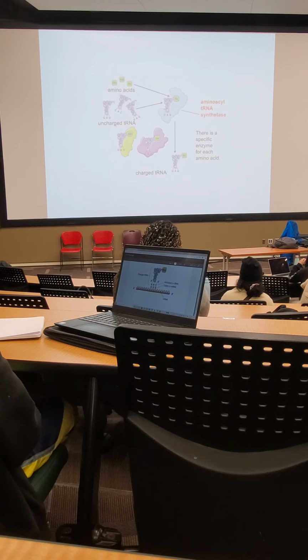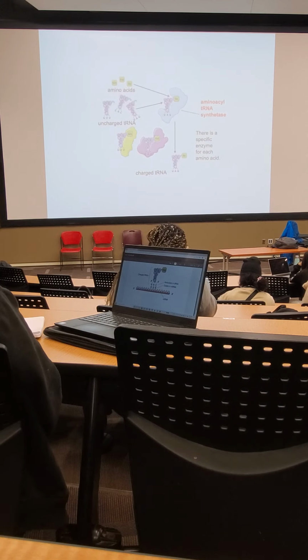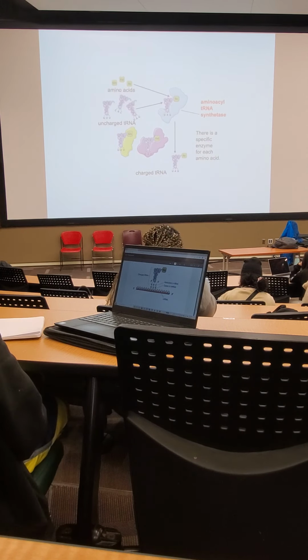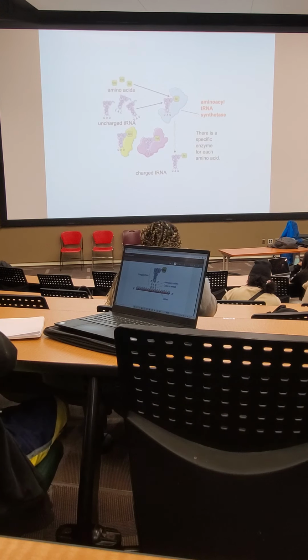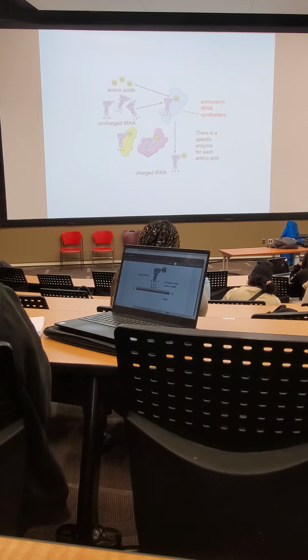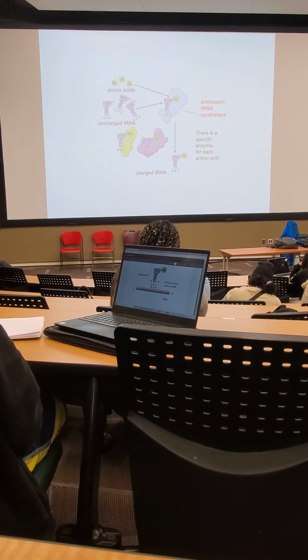Charged and uncharged don't really matter for our class, but what matters is that each tRNA and amino acid only fit in one aminoacyl tRNA synthetase. So there's not 64 of these proteins, there's fewer because of stop codons, but there's way more aminoacyl tRNA synthetases than there are amino acids. It's the same number of tRNAs. So that's where that one-to-one relationship and specificity becomes big.